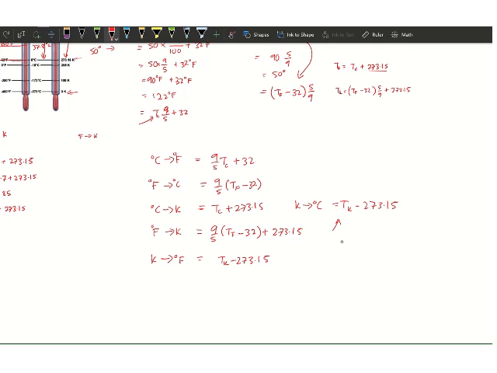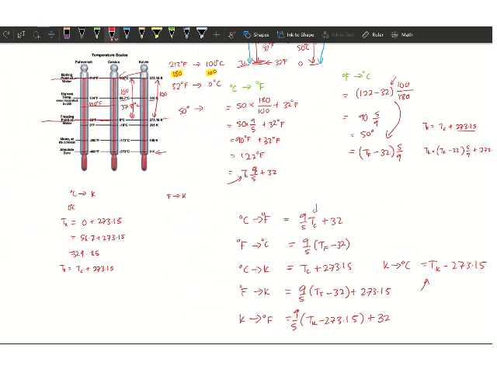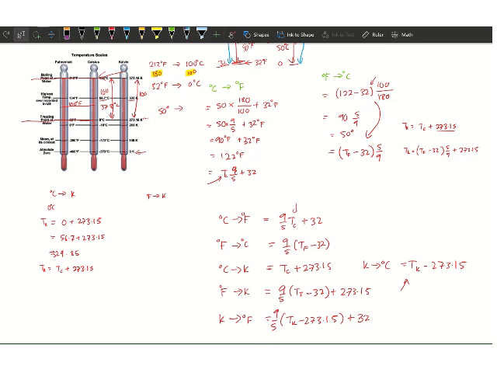Then for Celsius to Fahrenheit, you multiply by 9/5 in front and then plus 32. It's as simple as that. You just need to remember the fractions and understand, and the rest is polishing a little bit of your mathematics.